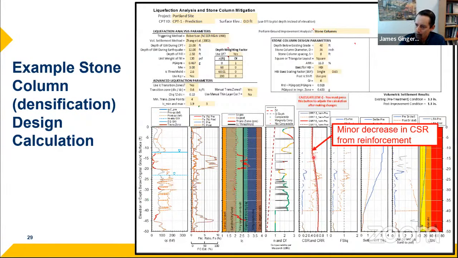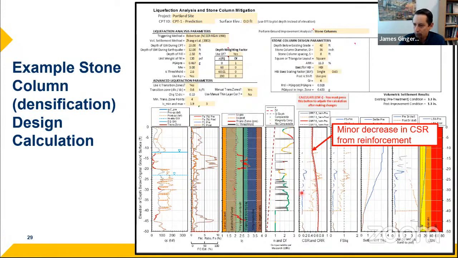The red line is the cyclic stress ratio without any ground improvement, and the dashed red line is the cyclic stress ratio with the r sub d reductions, which, as I mentioned before, is probably around 5%. So we're reducing the cyclic loading, the earthquake loading, a little bit, but that's not making that big of a difference.